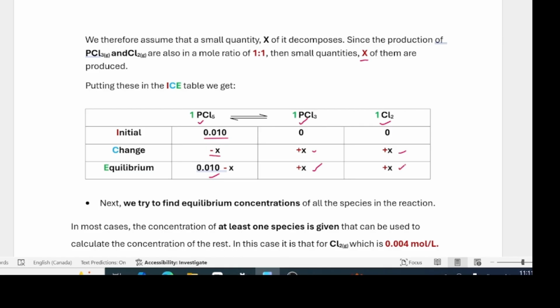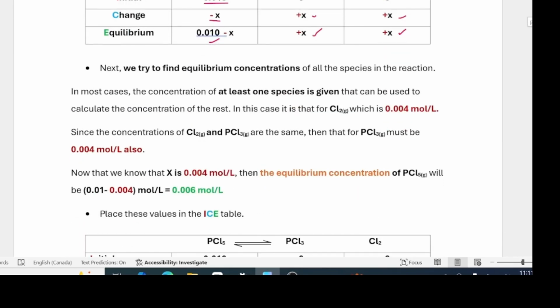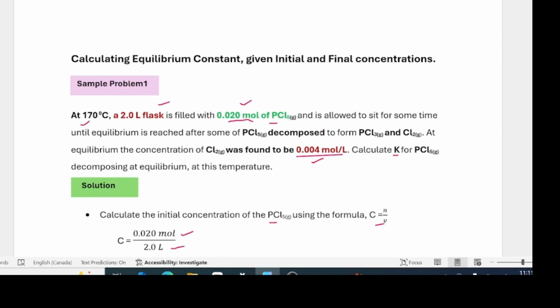But we do not know what those are. However, we have been told that at equilibrium, the concentration of chlorine was found to be 0.004 mole per liter. Verify that by going back to the question. That was the concentration of chlorine that is found at equilibrium.